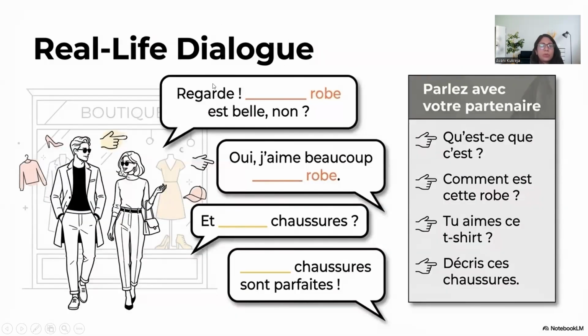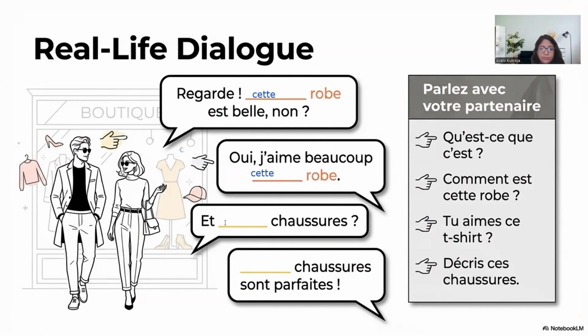A real-life dialogue would look somewhat like this. Regarde, dash robe est belle, non? Fill in the blanks. Cette robe. Oui, j'aime beaucoup cette robe. Et dash chaussures.